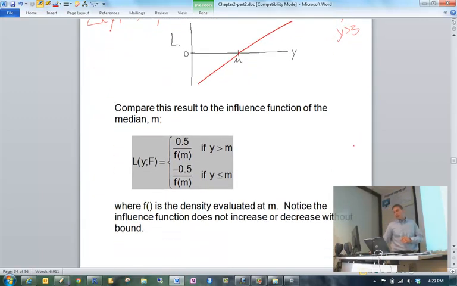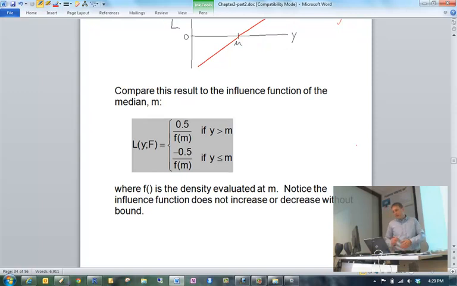Alternatively, in a similar manner, one could look at the influence function for the median. It ends up being this, and the book talks about it in terms of quantiles. I'm just going to represent it in terms of the median. This is a result from the book. I can give you a derivation if you wanted to.